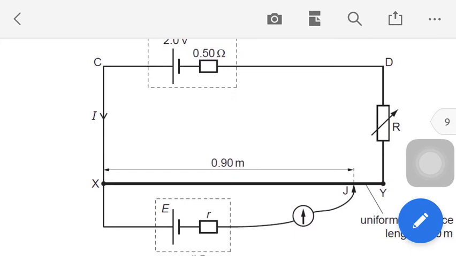So I will multiply the current by the variable resistor with internal resistance and find the volts that are dropping there, then subtract it from the EMF and find the volt that is dropping here, and divide it by the ratio. While you can simply find the resistance of this 0.9 meter, which is simple, and then multiply that resistance by the current value, and you got the answer.